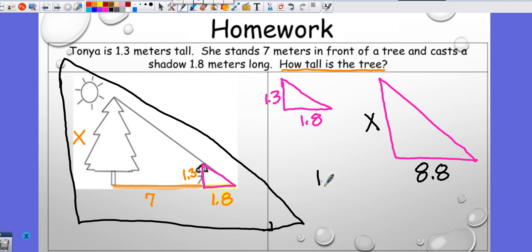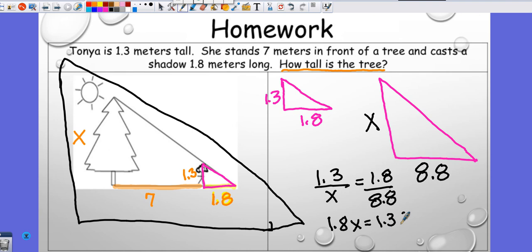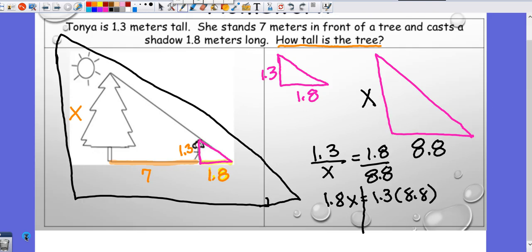So I say 1.3 over X equals 1.8 over 8.8. So we get 1.8x equals 1.3 times 8.8. Okay, let's keep going.